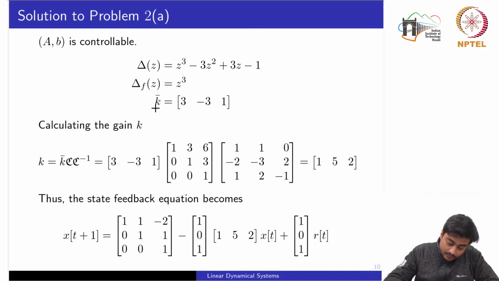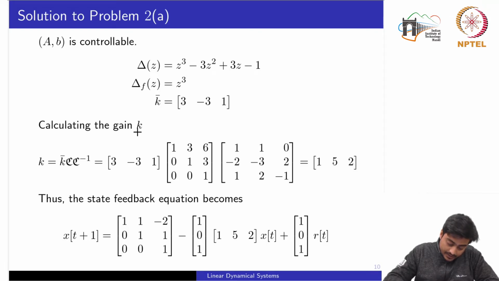So first we compute the k bar, which is computed by the differences of the coefficients of the z having the same powers. Since all these coefficients are 0, these k bar can be formed directly with the coefficients of the characteristic polynomial of the plant.